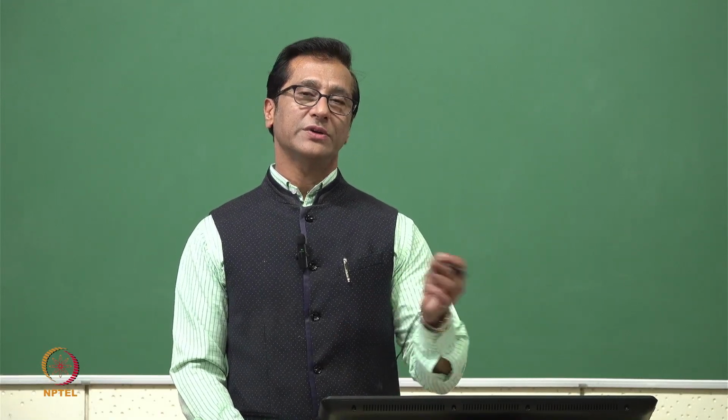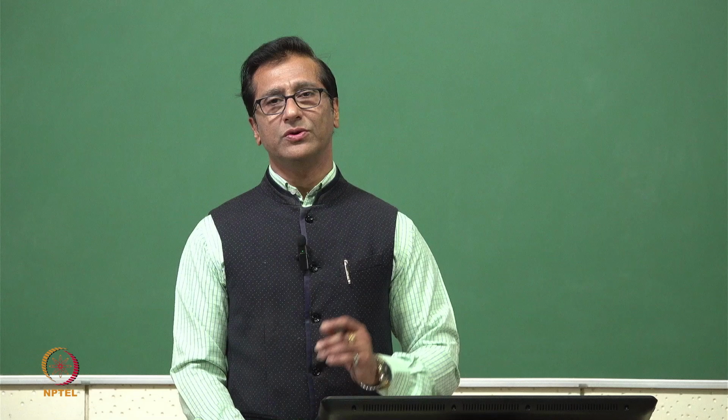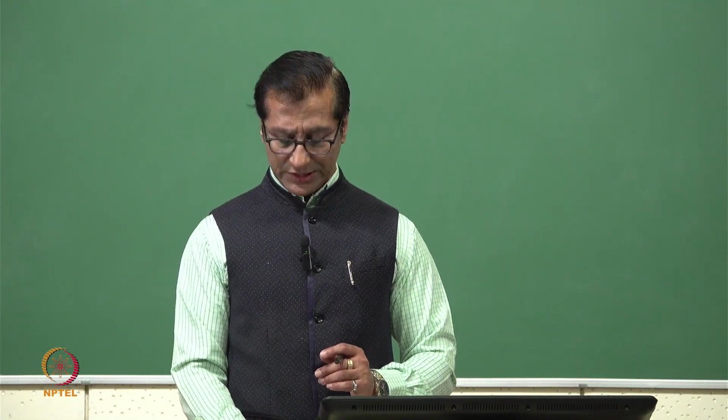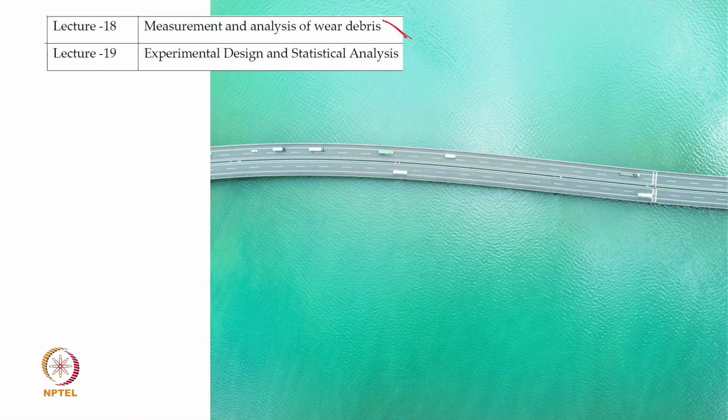So when we combine, we can really find out what the overall results are, because when we combine tribology with corrosion, the wear rate will be much faster and much higher. So we really require those kinds of results, and we will be discussing this in lecture 18, on measurement and analysis of wear debris.